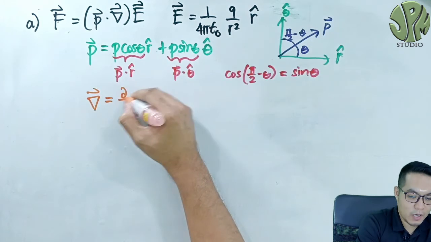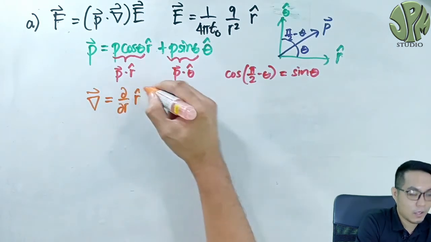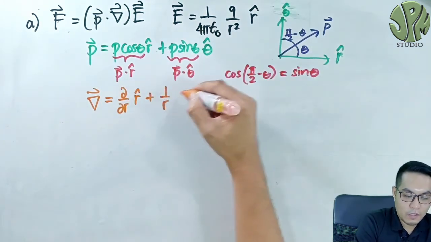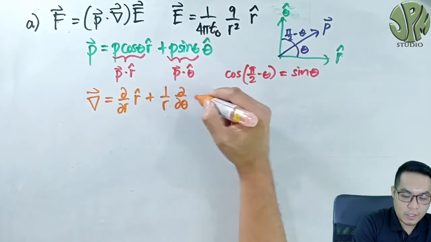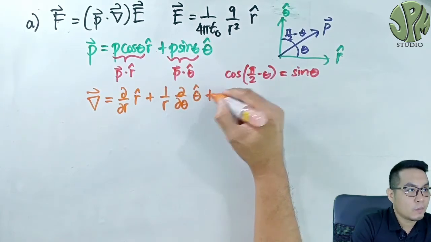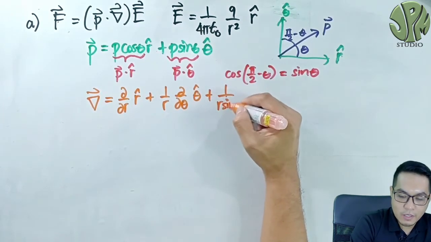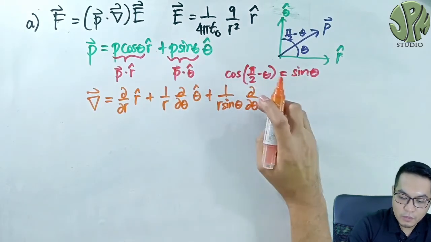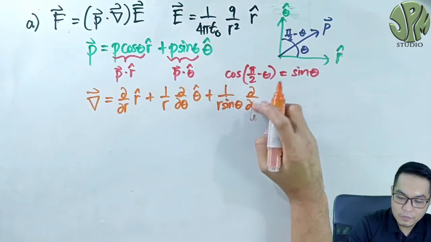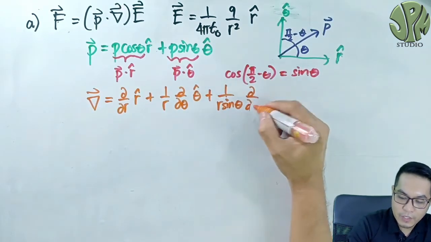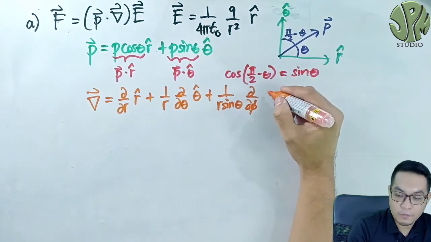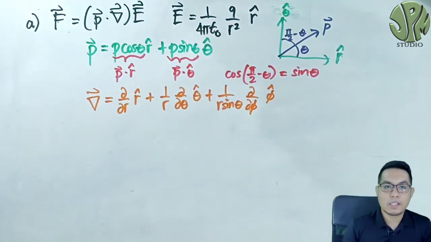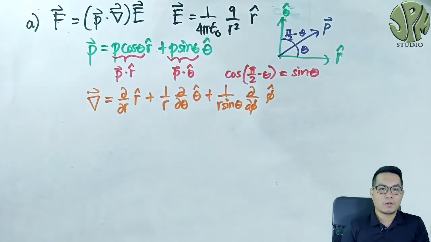So that is partial with respect to r, r hat, plus 1 over r, partial with respect to theta, theta hat, plus 1 over r sine theta, partial with respect to phi, phi hat. This is the del operator in spherical coordinates.